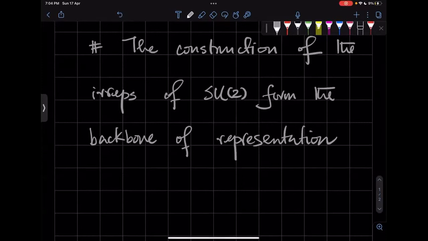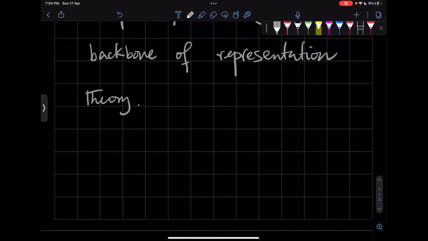Okay. So next week, we will do the representation of SU3, and that'll be the last topic that we cover. And you will see that the construction that we have about SU2 will actually form a very important part of that. Okay, so let's start with the Lie algebra of SU2.